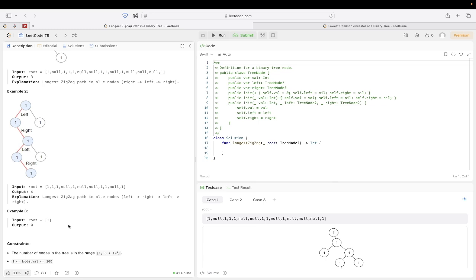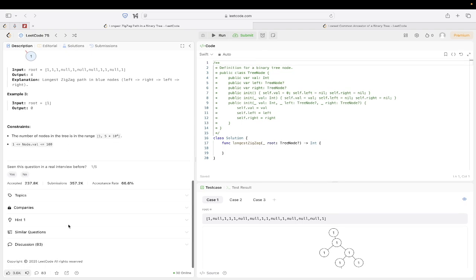And that should be it, right? But I still don't really.